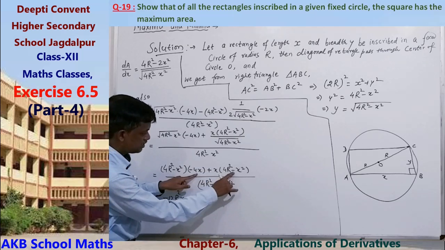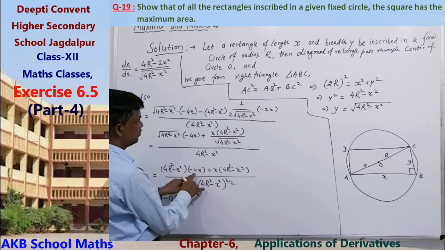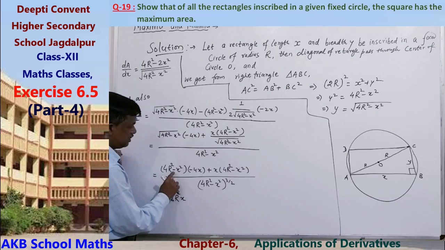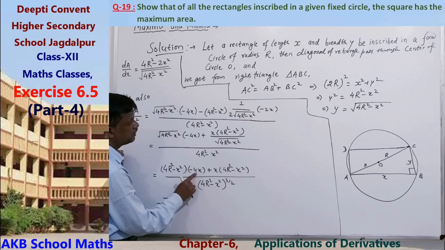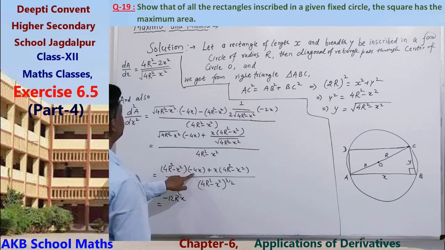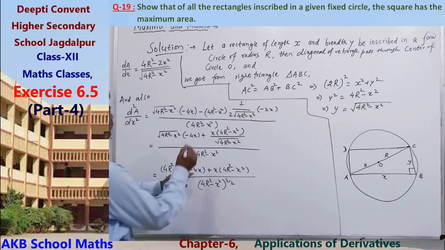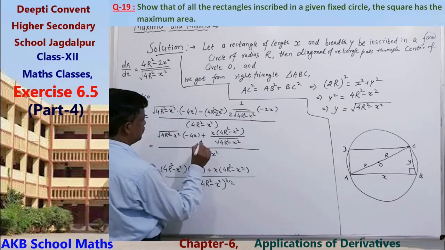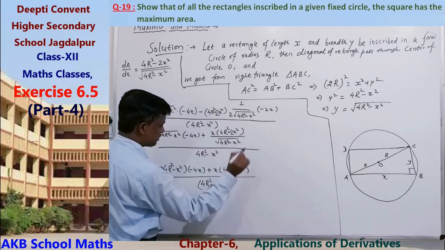cube minus x cube, minus 4x cube, here minus 4 minus plus 4x cube and here 2, so here 2x square, 2x square, 2x square.